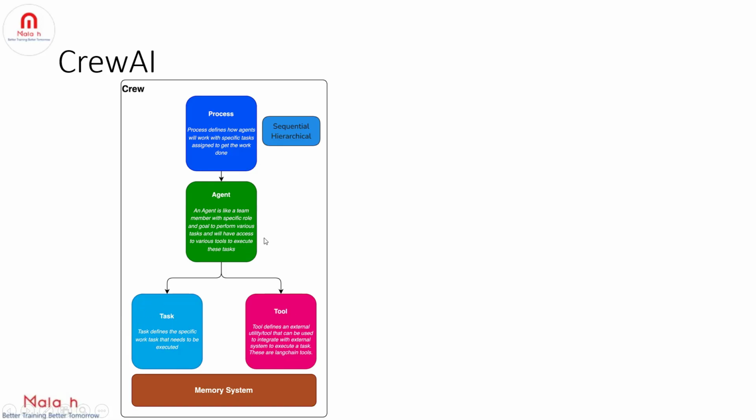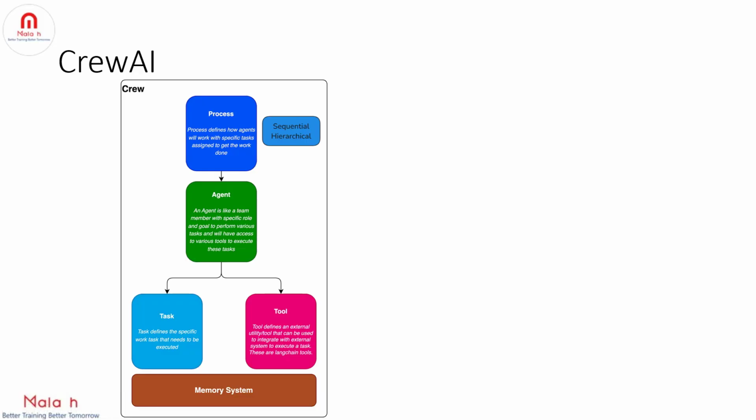And this is for single agent, right? And multi-agent means every single agent will have all these components. Each agent will be assigned to do a particular task, and each agent will be provided by tool access. It will have its own LLM, and each agent will have its own memory, right? So that is nothing but multi-agent.